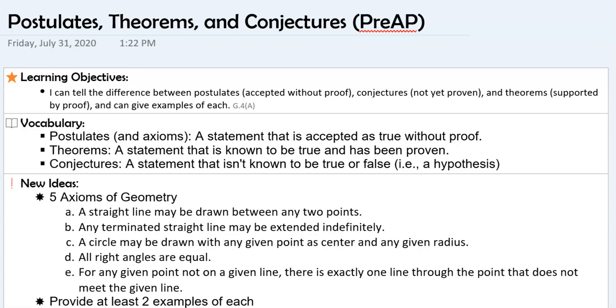You might make a guess based on some observations, but until it is proven true using our rigorous mathematics proofs that you're going to learn throughout the year, you can't apply that conjecture to make other arguments. Conjectures are often based off of observation or guesses based on patterns. And until they're proven using other postulates and theorems, that is all they are. They are guesses.